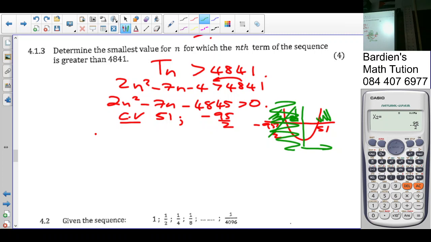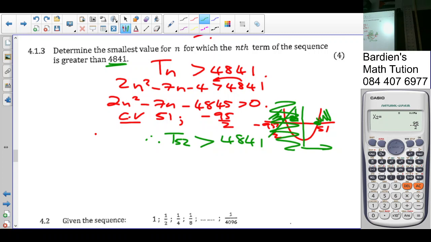At the 51st term, at this value here, it is actually equal to 4,841. So what is the smallest value for n? Therefore, what's the value for n going to be? The smallest value greater than 51. 52. So therefore T52 is the first term that is greater than 4,841.